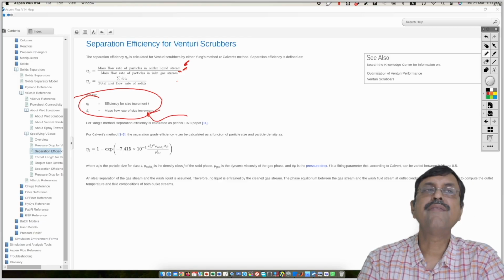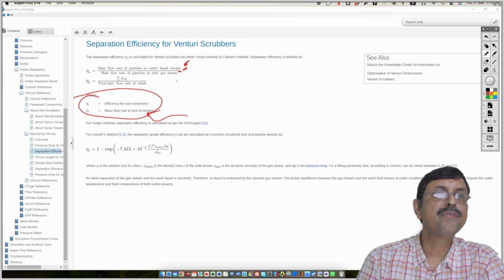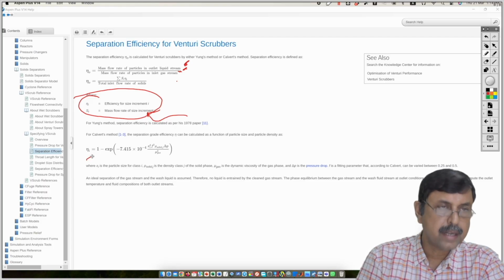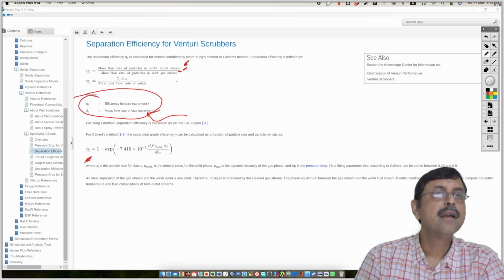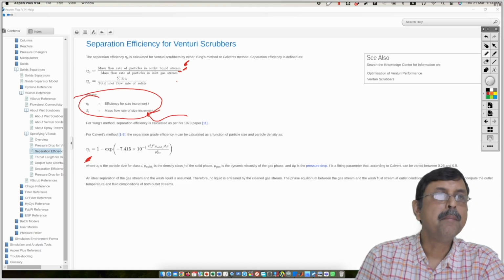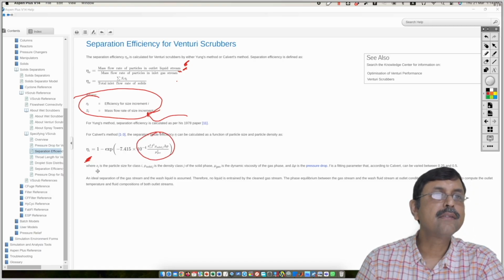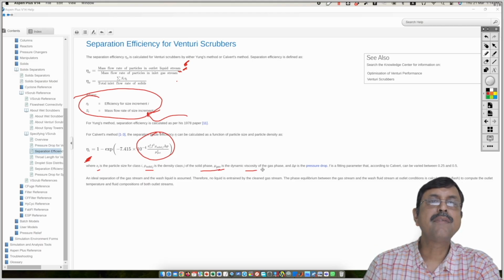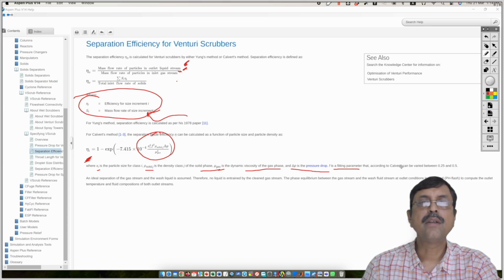For each and every size increment, we have to find out this particular eta I, which is a function of many things like this. One is xi, that is the particle size class I, rho solid J is the density of class J, mu gas is the dynamic viscosity of the gas phase, delta P is the pressure drop, F is the fitting parameter according to Calvert.